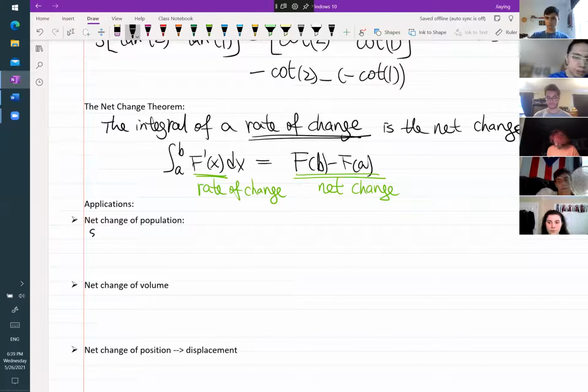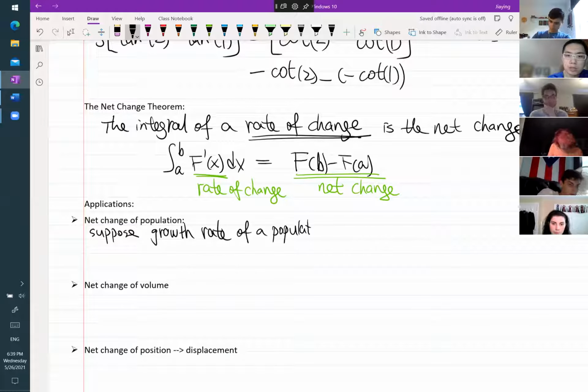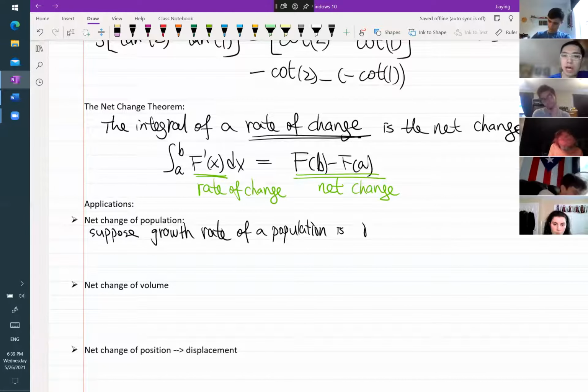Suppose the growth rate, including birth rate and death rate altogether, of a population is, I'm going to use R for growth rate, R of T. So R of T is some function that depends on time. That's the growth rate.